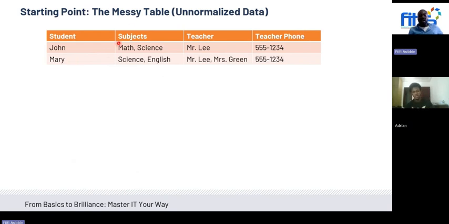So these are our various fields or columns, and these are the rows or horizontal, right? So John is a row containing what? Data, math, comma, science, Mr. Lee, then the number, Mary, science, English, Mr. Lee, Mrs. Green. So this is unnormalized data.